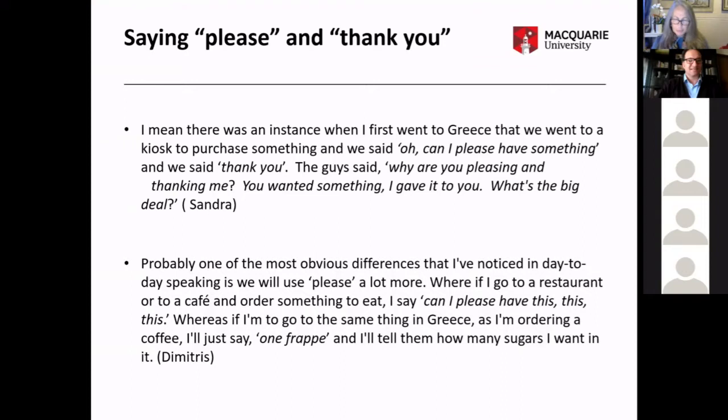Here's another example, and we'll talk about this later on in the session. It's about using polite forms of address. Now, many languages have more than one you. And later on in the session, we're going to get a chance to talk a little bit about the politeness systems of the language that we teach. So some languages have a singular and a plural form of you, which is the polite form.